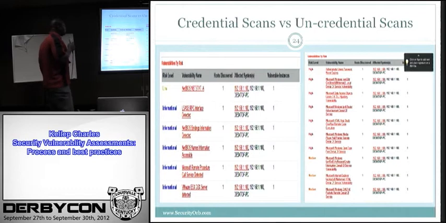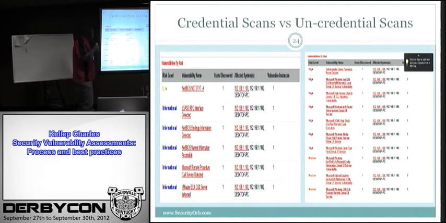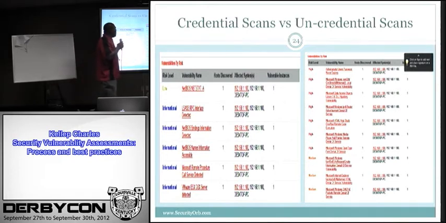Some of the information that was found within the uncredentialed scan was basically NetBIOS, nbtstat -A, which was considered a low. Within the informational section, we had a VMware ESX/GSX server detected. But when you go over into the credentialed scan, you get information such as administrator user password never expires.